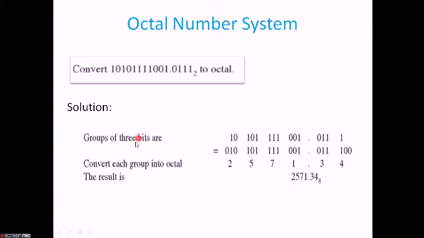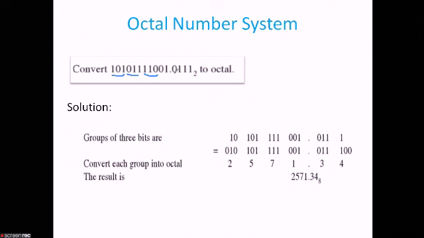Now we have to group it in groups of 3 bits. But is this possible? Suppose we are doing it from here, 0 1 0, this is 3 bits, again this pairing is 3 bits, again this is 3 bits, again it becomes 2. So it is not possible. So we have to add something.